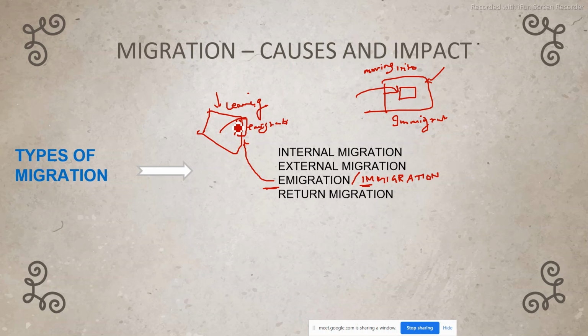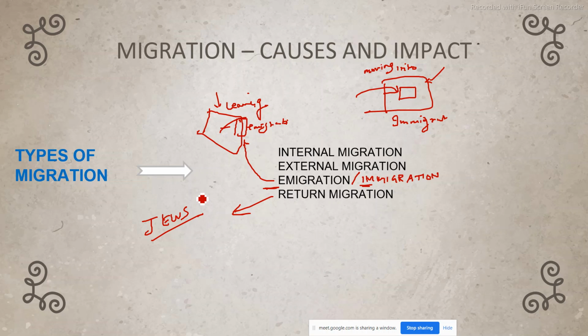Now, what is return migration? It means when people leave one place, but after a certain time they come back to their original country. That is called return migration. You must have seen, here I'll write, for example, Jews.